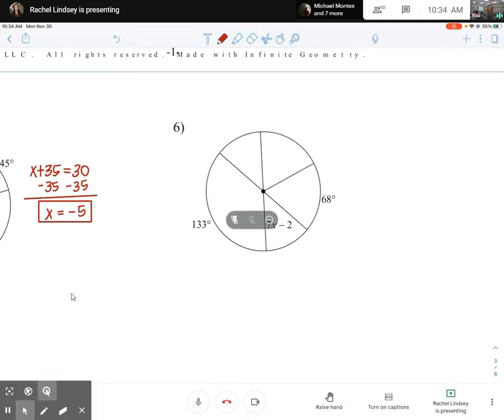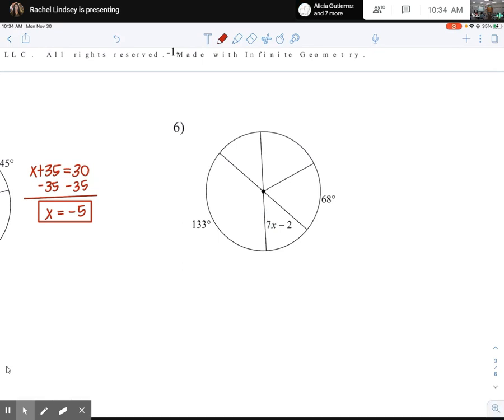Before we get into solve for x, we have to know what that arc right there is. So what we are going to do is find a way to find what that equals. What do we know about this line right here? That is a minor arc. The blue part is a minor arc, yes.